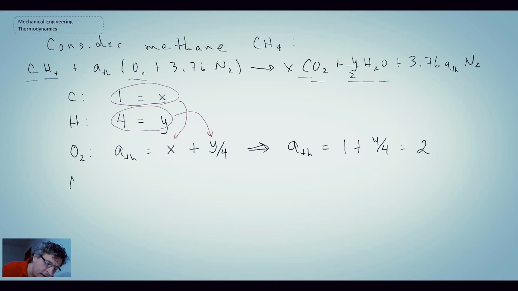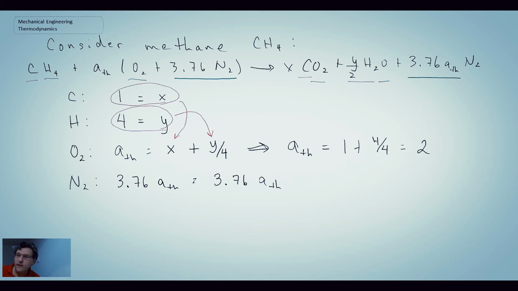And finally, for diatomic nitrogen, just for sake of completeness, I'll go to a dark green pen. Diatomic nitrogen is there and there. It's not doing anything in this reaction, so all we have is 3.76 A theoretical on the left equals 3.76 A theoretical on the right. And so with that, we can rewrite the oxidation reaction for methane as being the following.